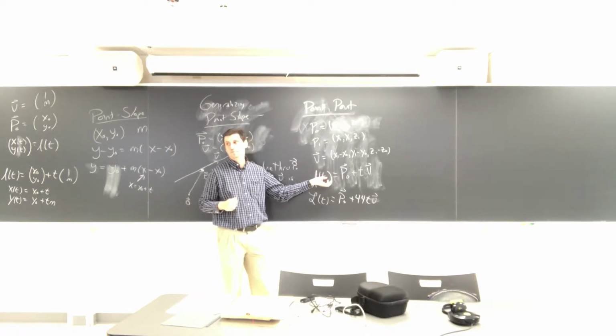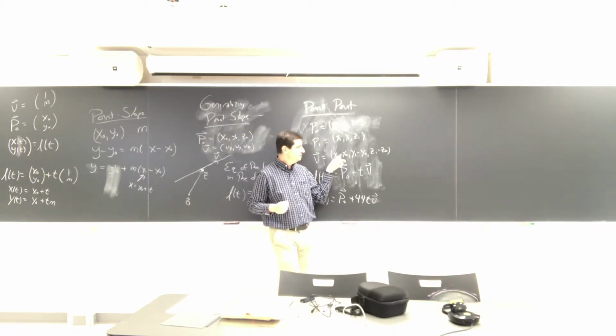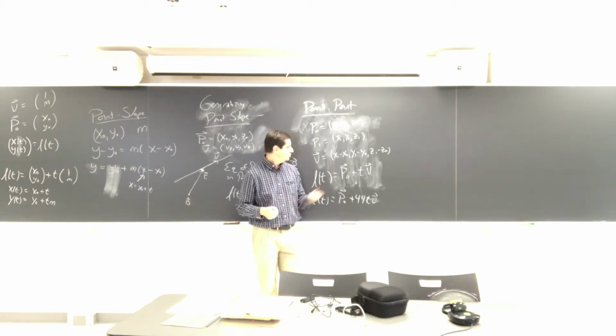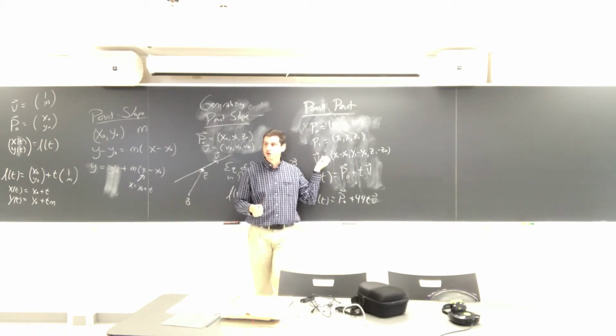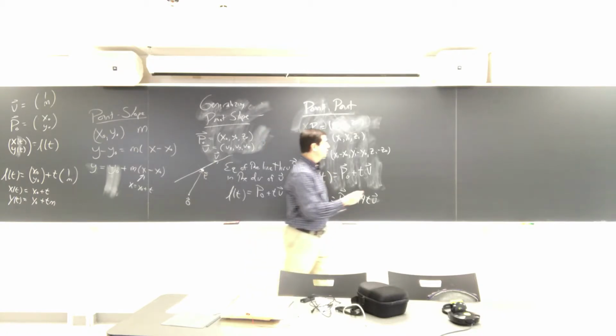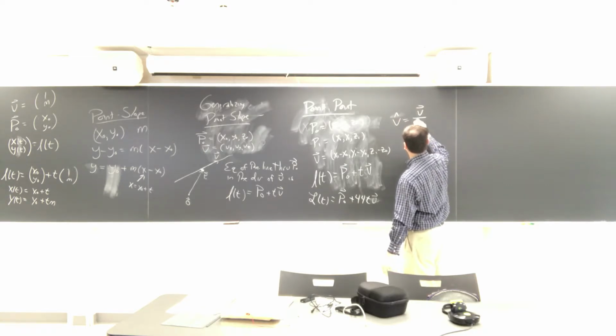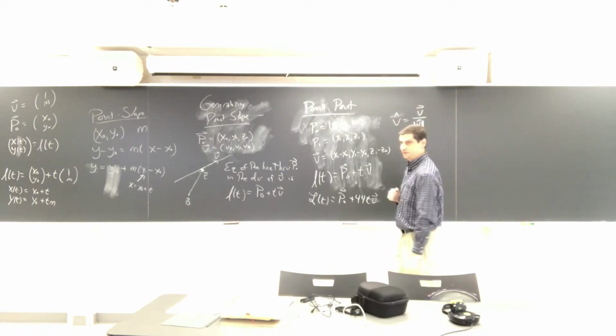When I'm looking at this vector v, could I use a unit vector in this direction? I could. And that would give me yet another way of getting an equation of a line. So sometimes we use a v hat for a unit vector in that direction. So v hat would be the vector v divided by the length of v.